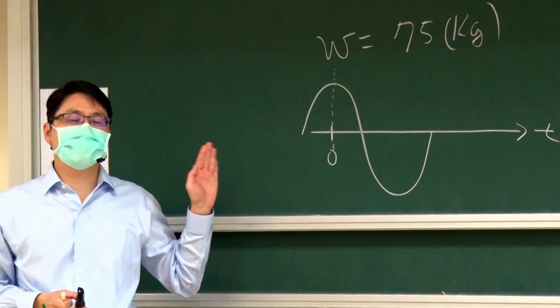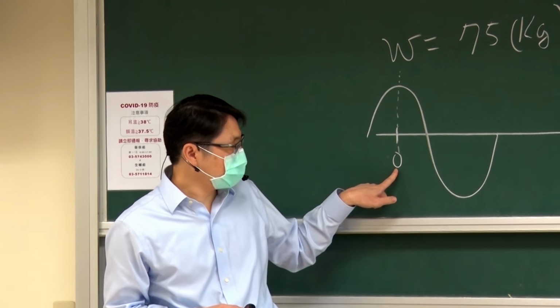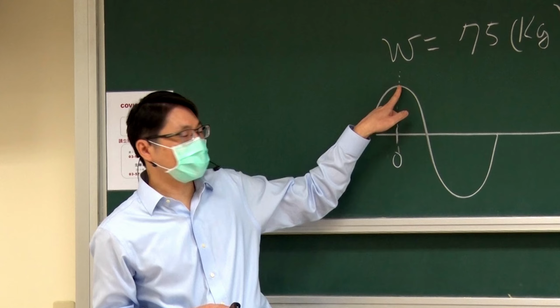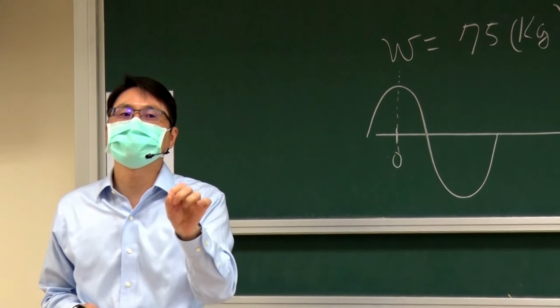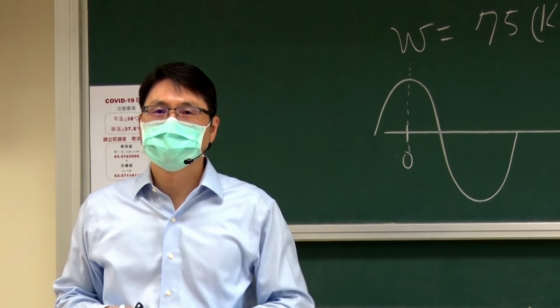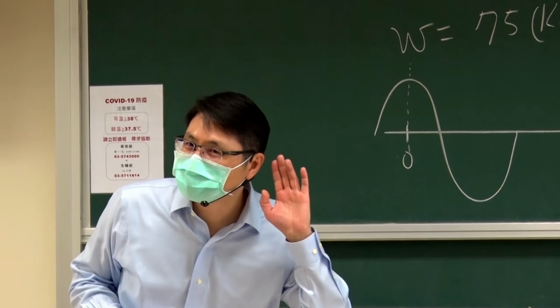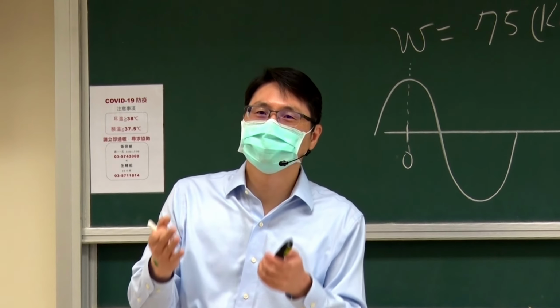So, for this given cosine wave in time, at time equals 0, you have the maximum value. So what is the value of phi? Answer me, loud and clear. 0, right?